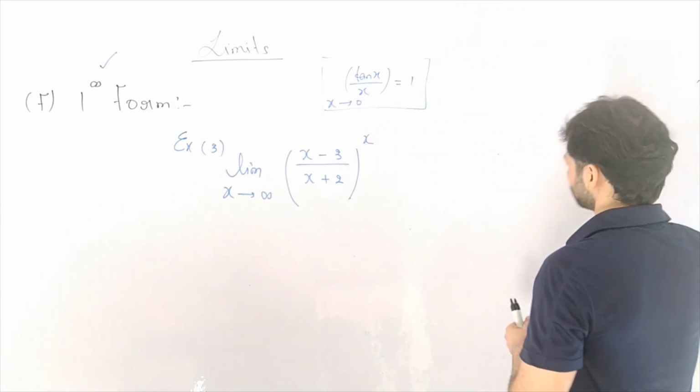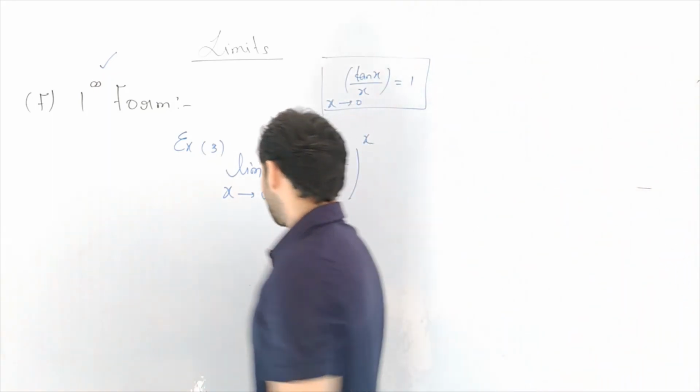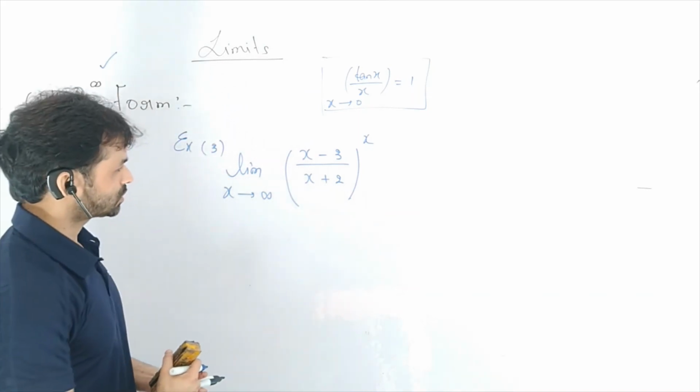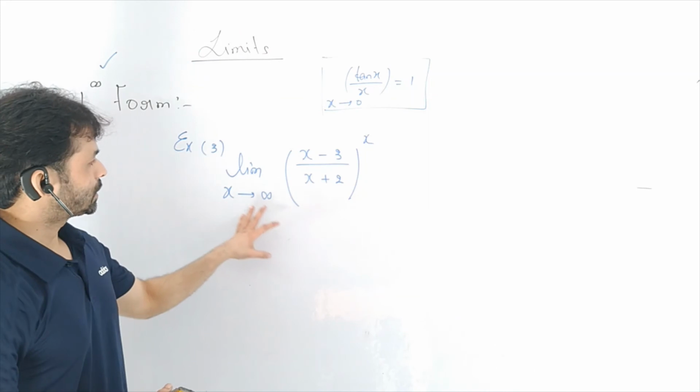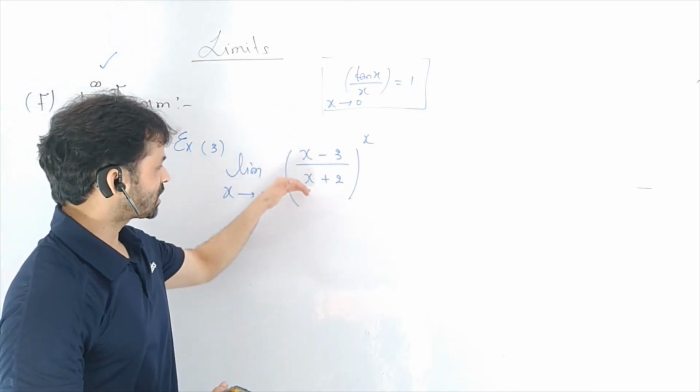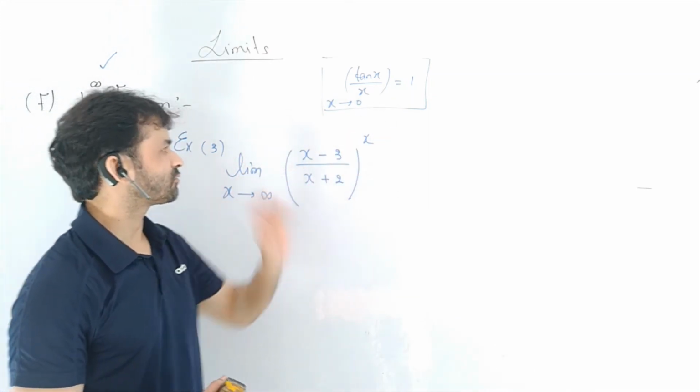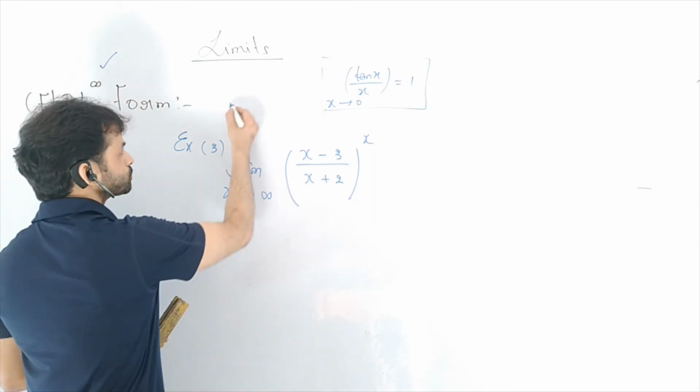This was the problem. Again, this is a problem of IIT, so it has to be easy, not difficult. Now this is the infinity by infinity to the power infinity form.